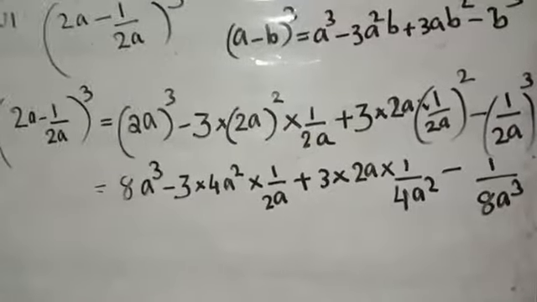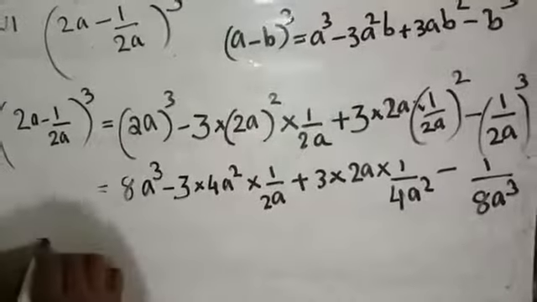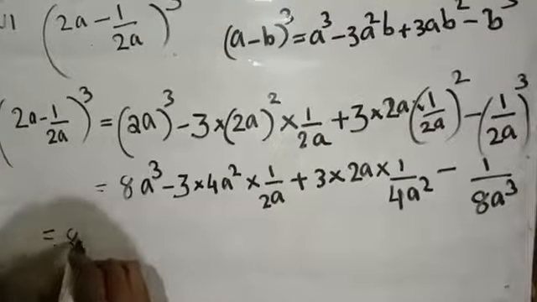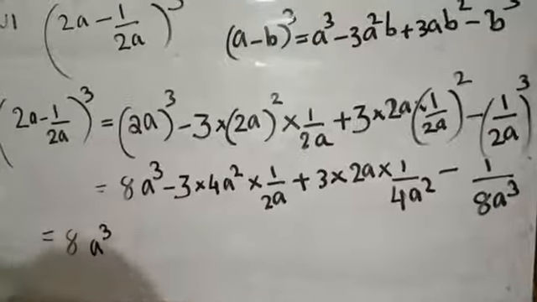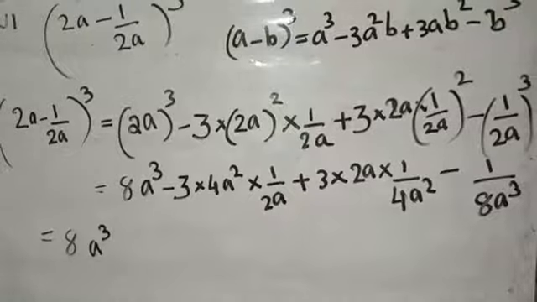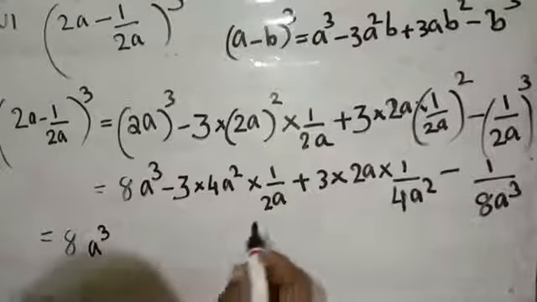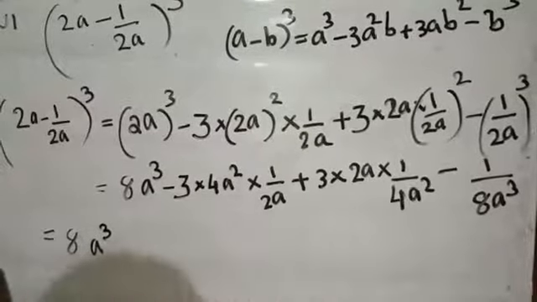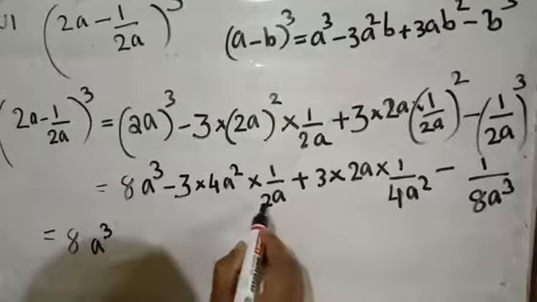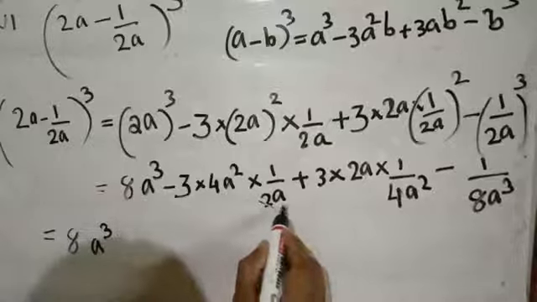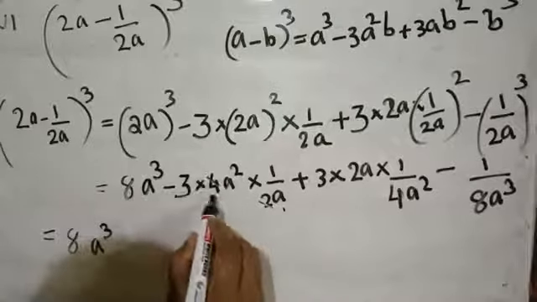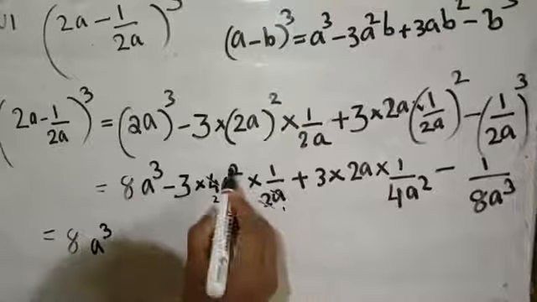Clear? Now 8a cube, 8a cube, then we can cancel this a and a square. 2 and 4. 1 2s are 2, 2 2s are 4, and this a and 1a get cancelled.